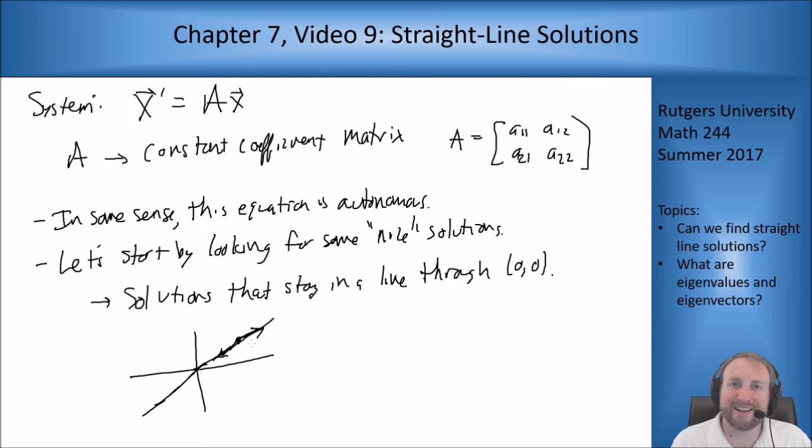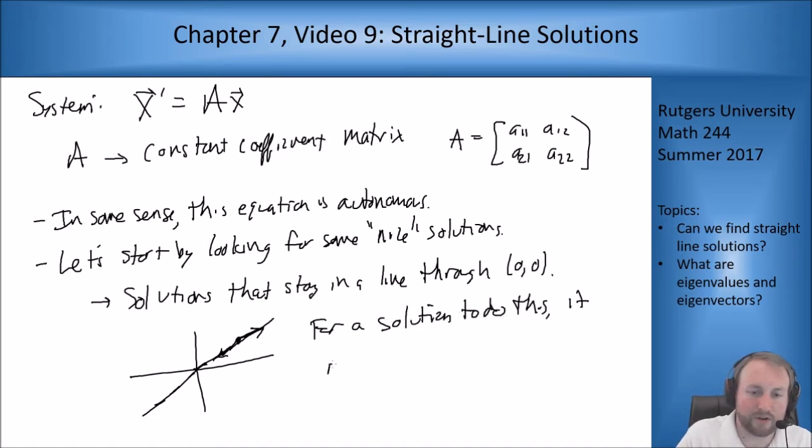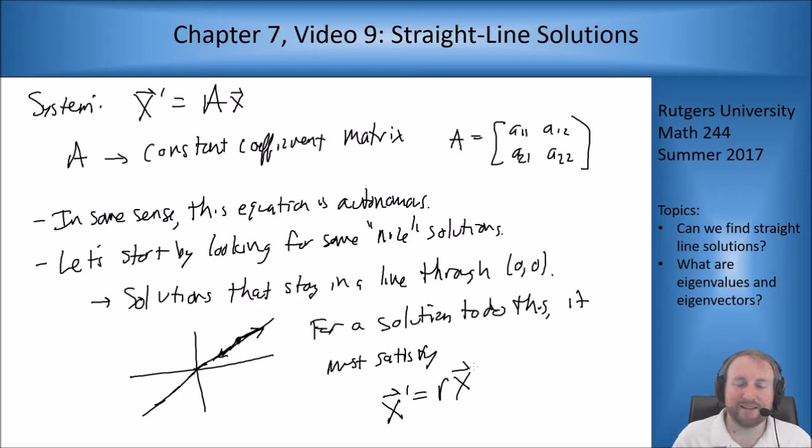That's the only way it can stay along that line. So for a solution to do this, it must satisfy x prime equals some multiple of x. Hint, r, we're going to be solving stuff again pretty soon. But I need to satisfy x prime equals r times x for it to move in a straight line through the origin from where it starts.